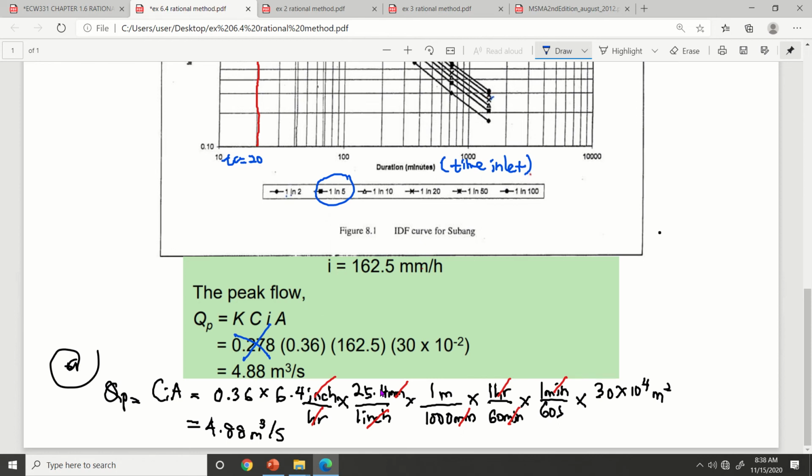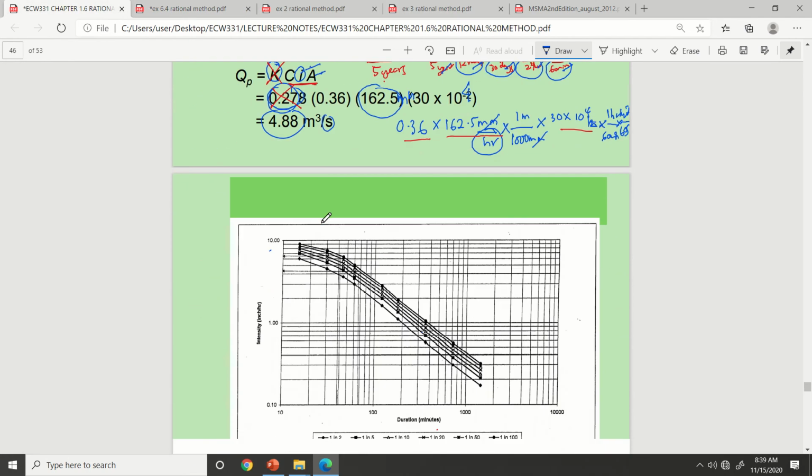You get C 0.36, I 6.4 inch per hour, so convert inch into meter per second, and area A is 30 times 10 power of 4 meter squared. Then you calculate using the calculator, you get 4.88 meter cube per second. So you don't need to remember this 0.278. This is for example 6.4.